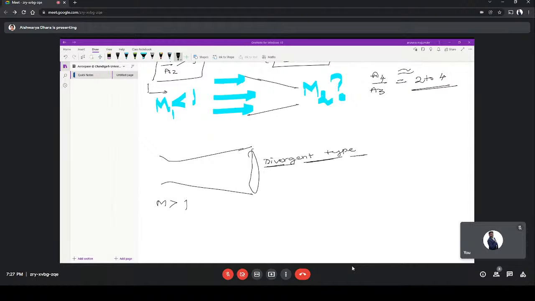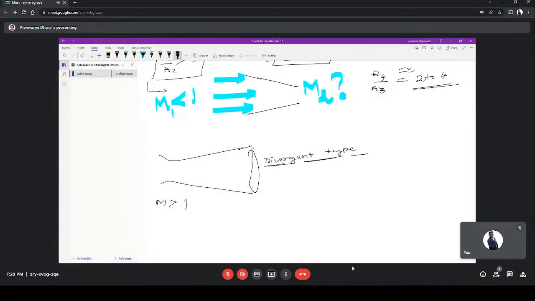One of the answers I got in the chat box is the area relation, which is a very right answer. So as per the area relation, there is one, the Mach number, and second, we are talking about the pressure relation.